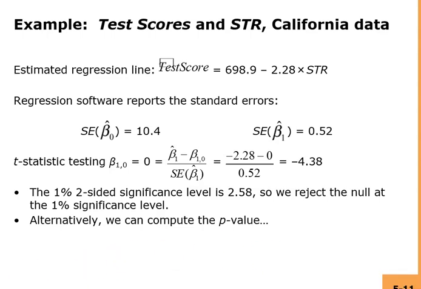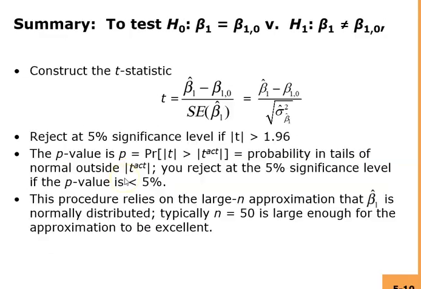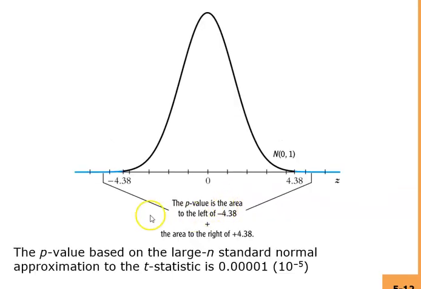Alternatively, we can also compute the p-value. How do we do that? This shows us the standard normal table. Our t-stat comes out to be minus 4.38, which is definitely less than minus 2.58, the cutoff for the 1% level of significance.